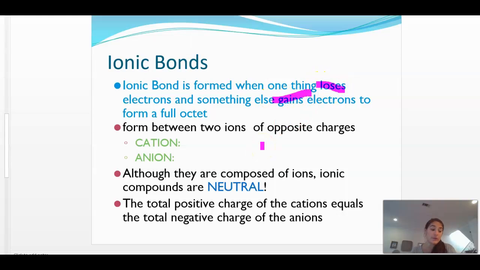Okay, so when something loses electrons or something gains electrons, right, it forms a charge. We know that. And so cations and anions are the words that we are going to use when these things happen.